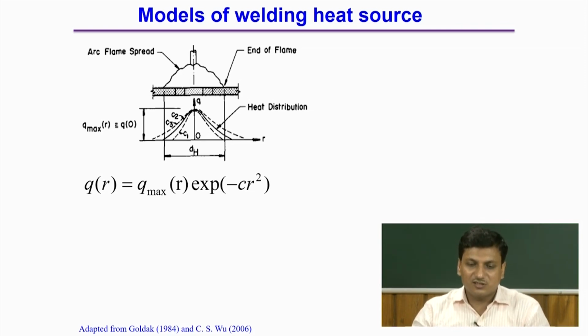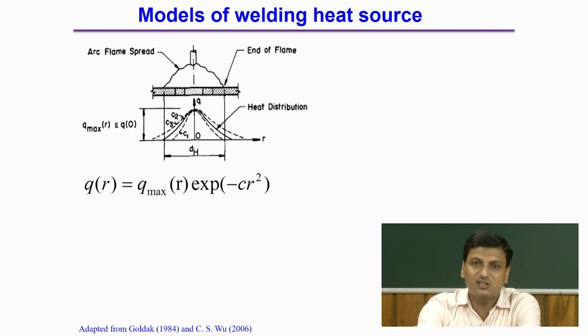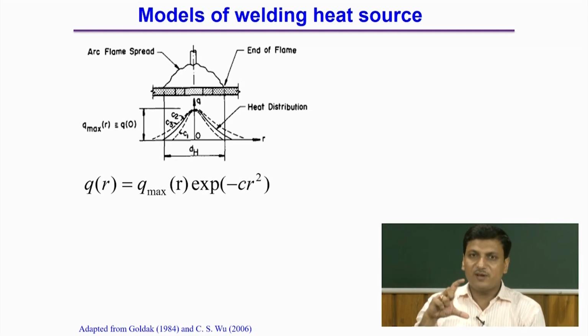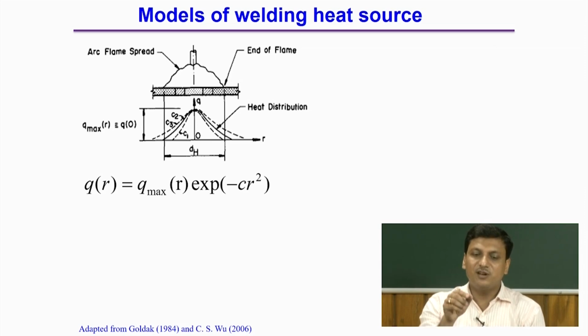Now, for the mathematical representation of this heat distribution, we can use this equation: Q(r), the heat intensity at a radial distance r, equals Q max, where Q max is the maximum intensity at r equal to 0, times the exponential of minus c into r squared. So it starts from the maximum value and gradually decreases in an exponential way.